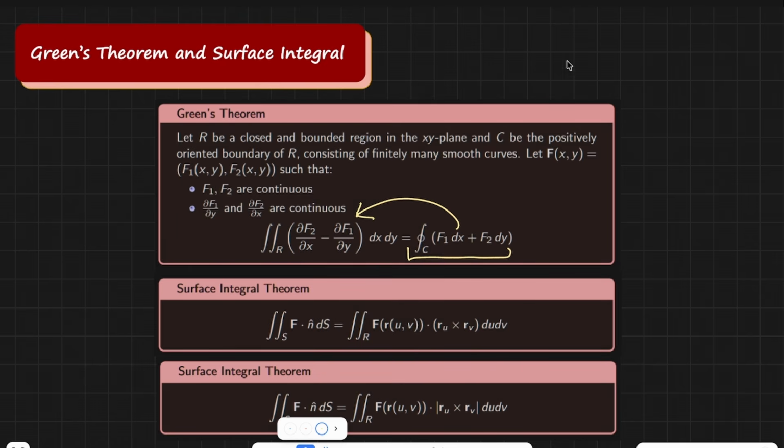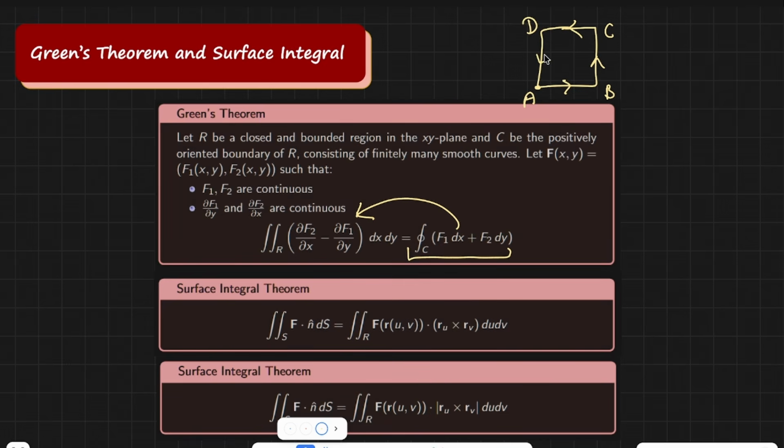Okay, let's say I have to find the line integral, not area, along this square: a to b, b to c, c to d, like from here to here, here to here, and like this. Then what to do?